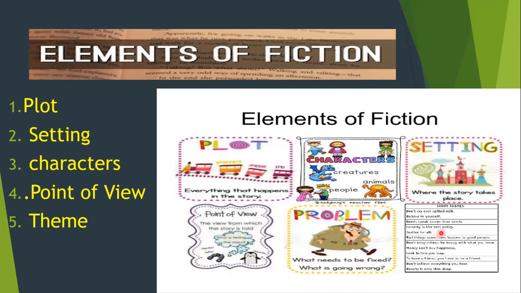And here we have the theme. All these 5 elements we need to study if we would like to analyze any story, any drama, any kind of fiction. So let us discuss these elements one by one. Let's start with the plot.